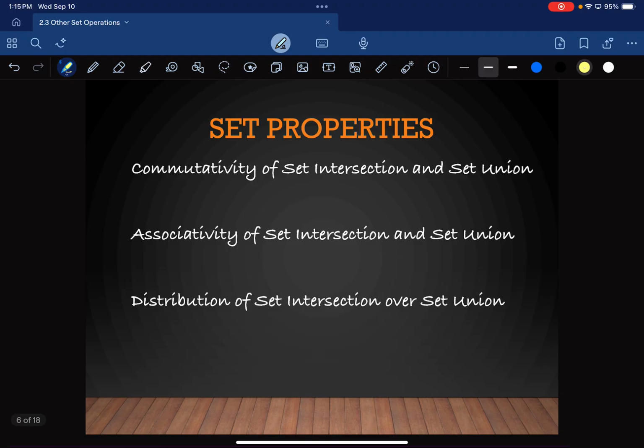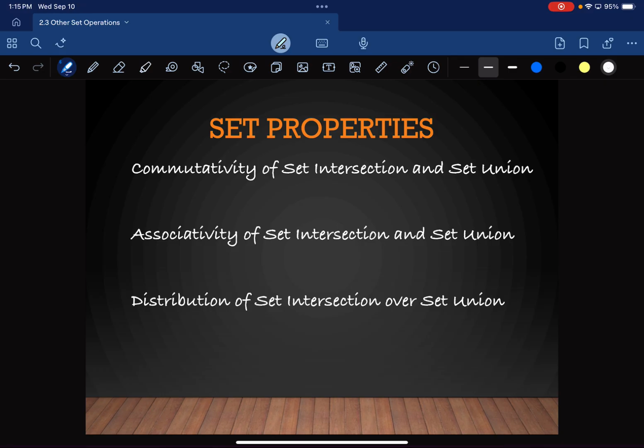Okay. We can actually talk about some set operations, things that are true about sets like these. In particular, you'll see some words that you've seen used in algebra before. Commutative, associative, and distributive. These are properties that exist for real numbers that we work with, but they also exist for sets. So let me explain what these look like.